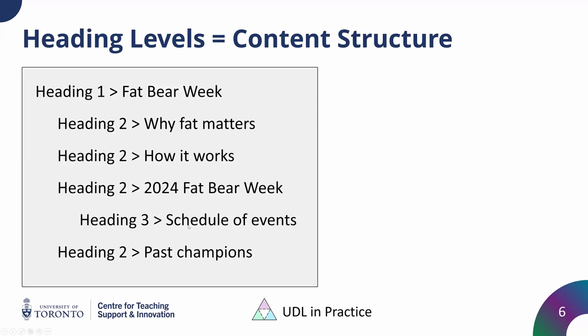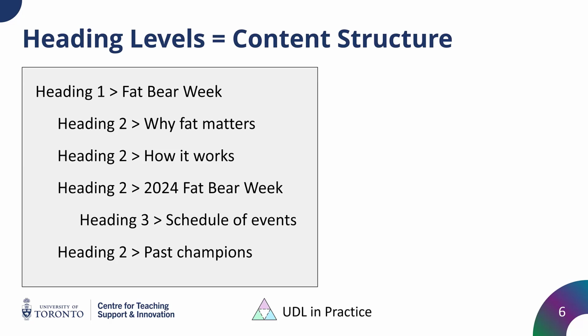Now, one of the key things when you're using these heading levels to create structure is to think about the relationship between the headings. So, for example, in the Fat Bear Week page that we talked about from National Park Services, they use the web page as heading 1, Fat Bear Week, that's heading 1. Then underneath it, we have heading 2, why fat matters.